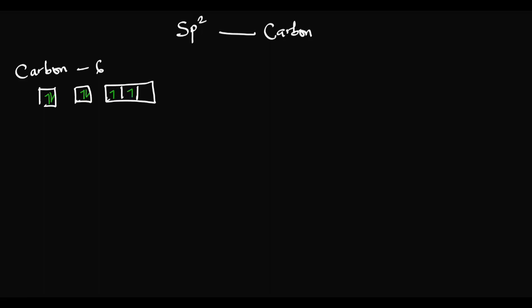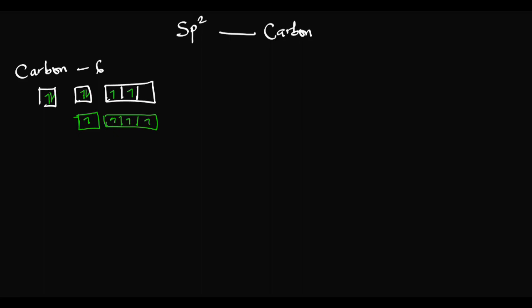So this is how it's represented. Definitely this would migrate to this place, and it will form something like this. So 4 orbitals with a single electron.